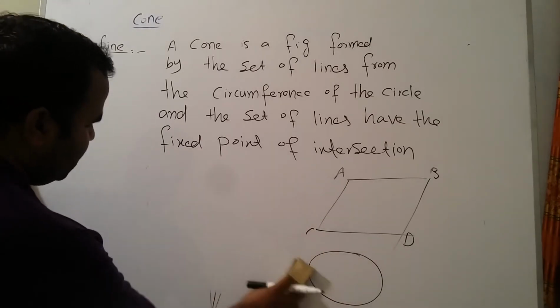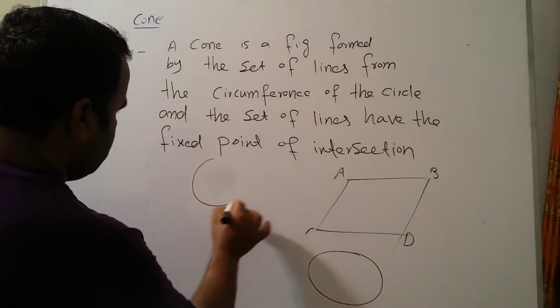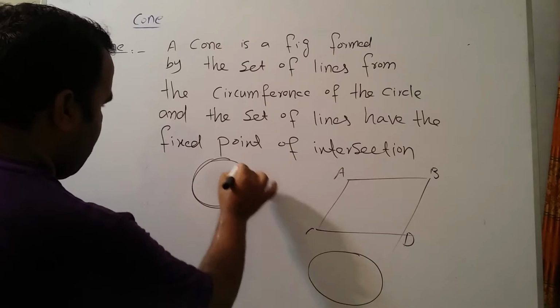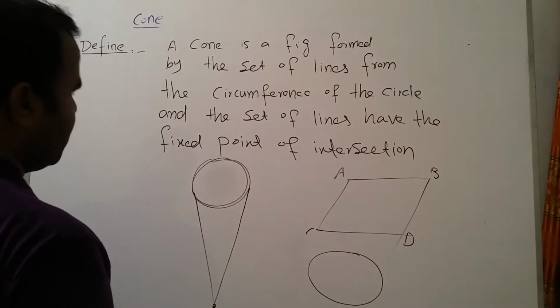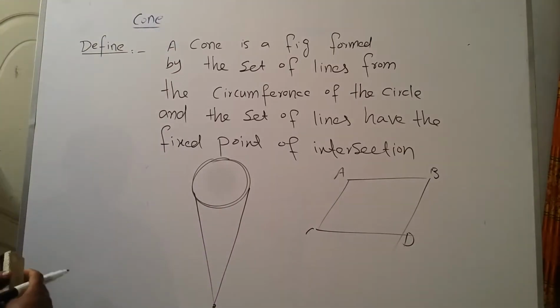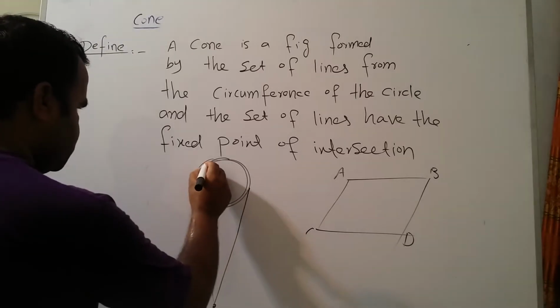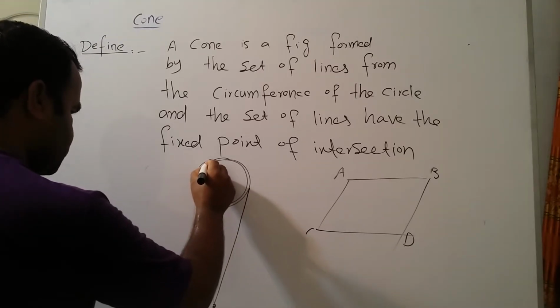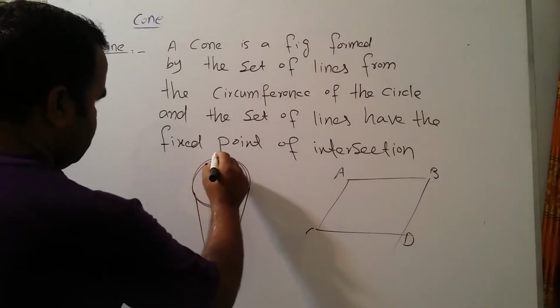Suppose this plane is cutting the cone parallel to the generators, there is another line parallel to the generators.